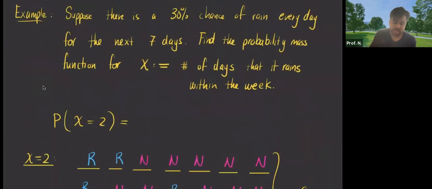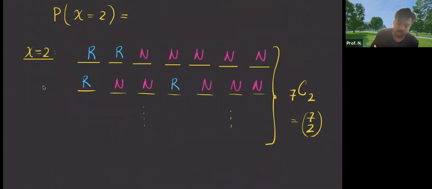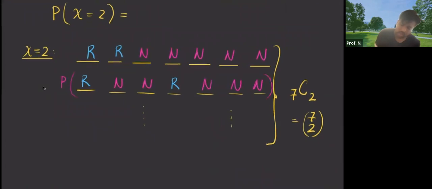So if there's a 30% chance of rain, then the probability of this happening is, how many days does it rain? 2 days, and the probability of it raining is 0.30. So 0.3 is going to appear twice. And how many days doesn't it rain? 5. But what's the probability of it not raining? It's 1 minus the probability that it does rain, which is 0.7. And we have 5 of them.